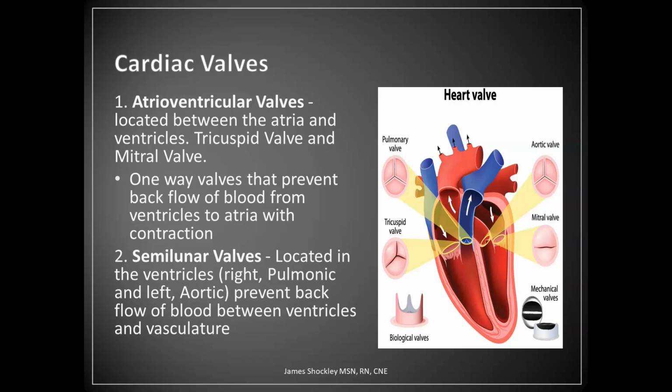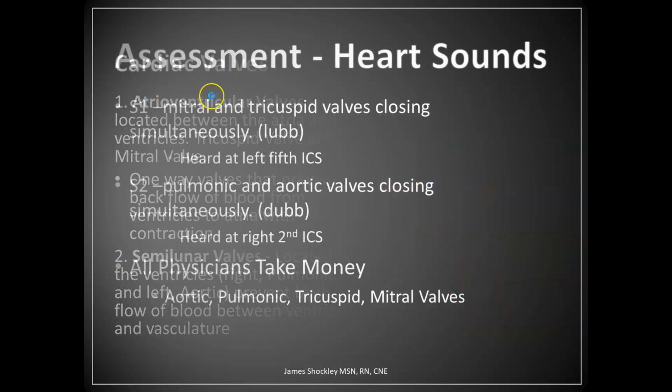If that doesn't close correctly, especially that aortic valve, then blood is not only going to be pumped out to the vasculature, but again, it's going to be pumped back into the left ventricle, and that's going to make it harder for the heart to work. We'll look at things called stroke volume and cardiac output here in a minute. But again, it's about knowing where blood is supposed to be and where it is going to back up to.